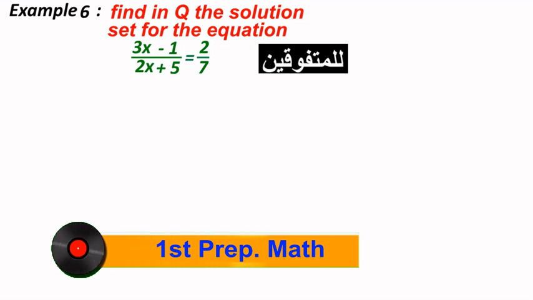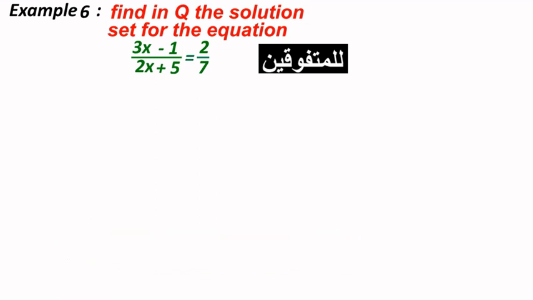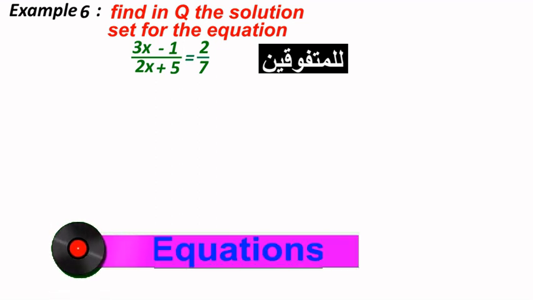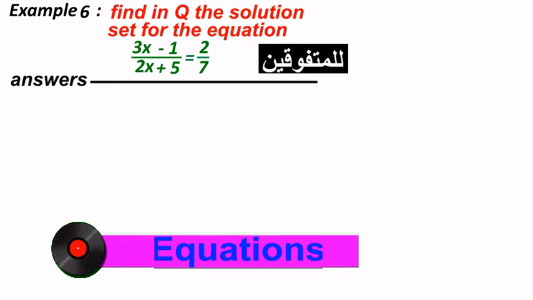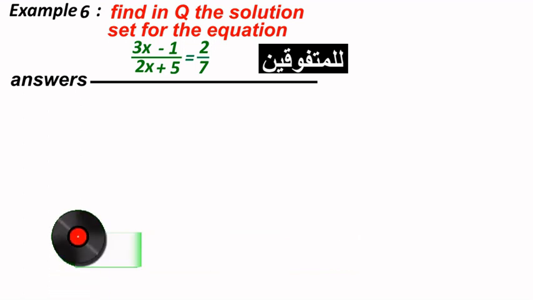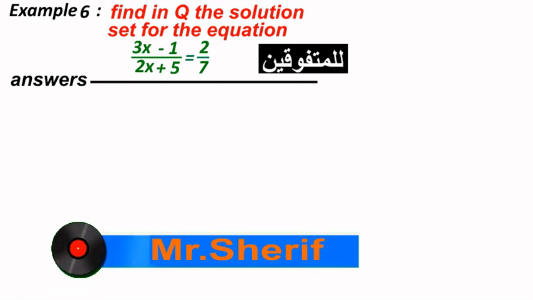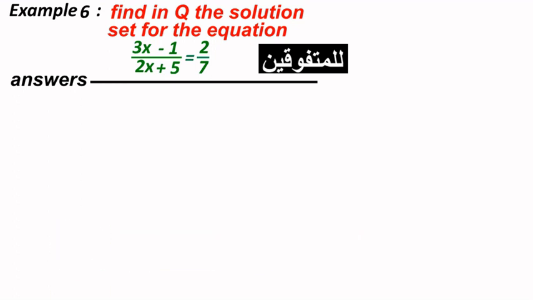Example number 6. Find in Q the solution set for the equation 3x minus 1 over 2x plus 5 equals 2 over 7. This example is for excellent pupils. As you see, the left hand side is a fraction and the right hand side is a fraction also.